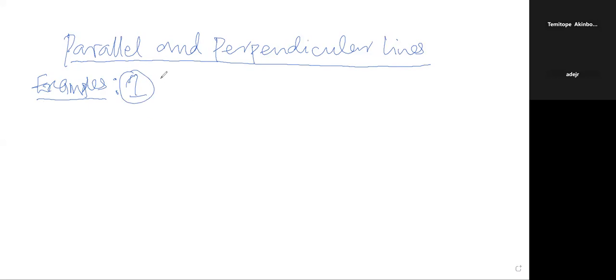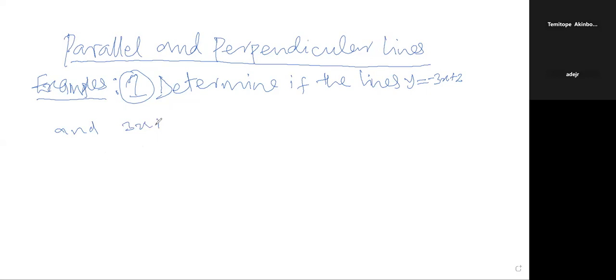The question says, determine if the lines y equals minus 3x plus 2 and 3x plus y equals 4 are parallel.